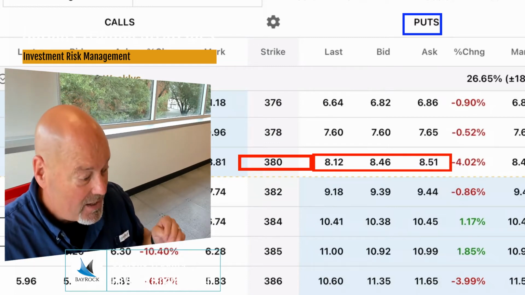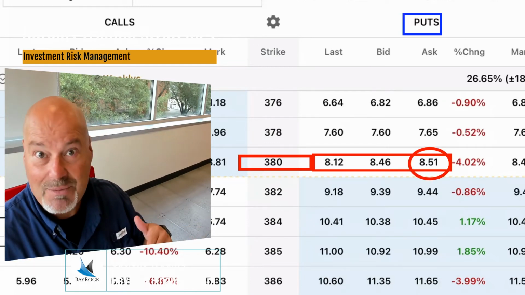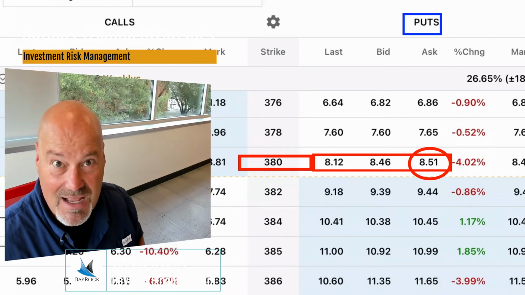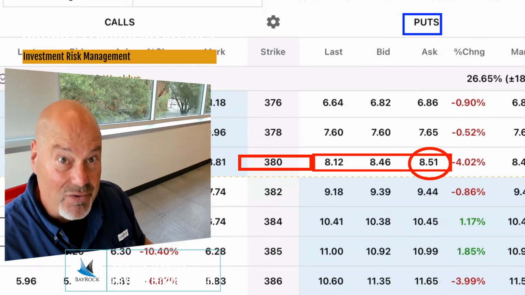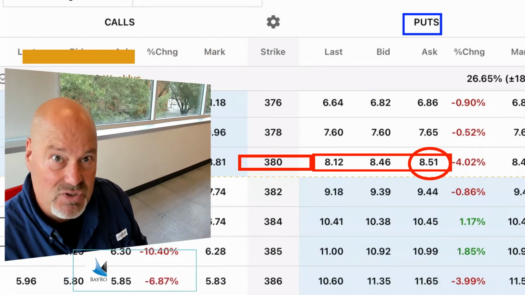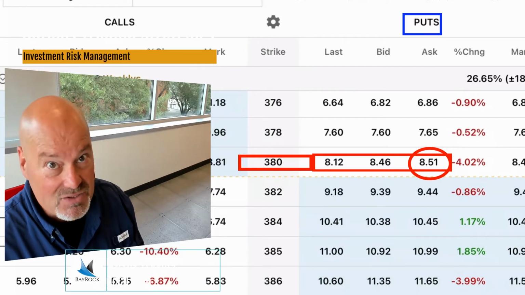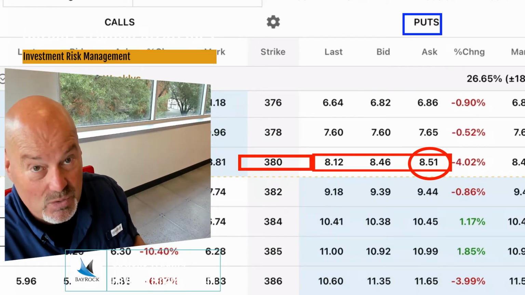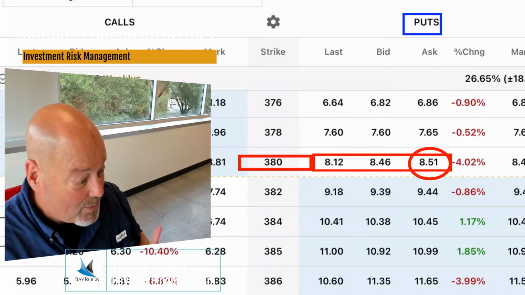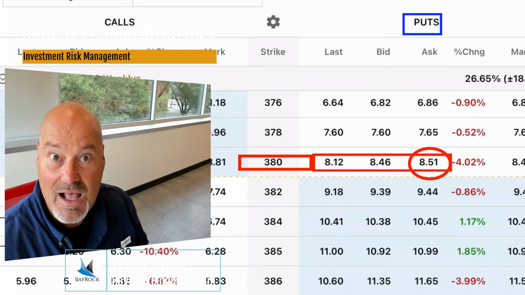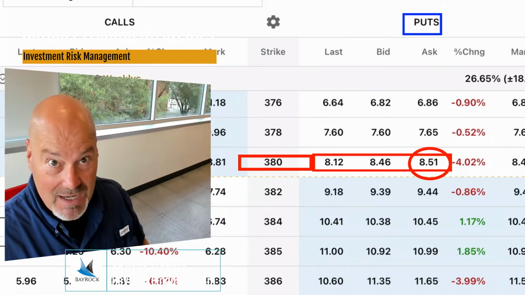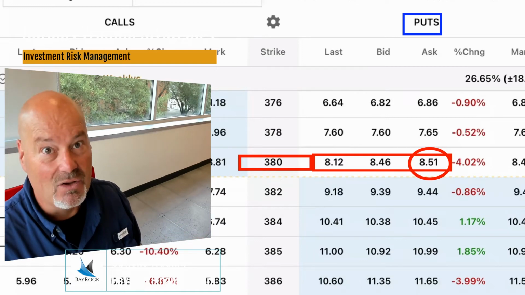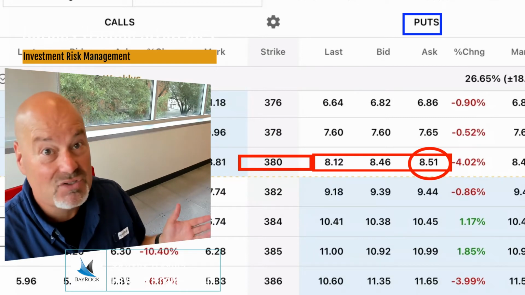And if SPY drops to $379 in a couple weeks, you're going to get put that stock, which means you're going to own 100 shares of the SPY. You're going to pay $380 for it, even though it's trading at $379 or $365, whatever it's trading at.